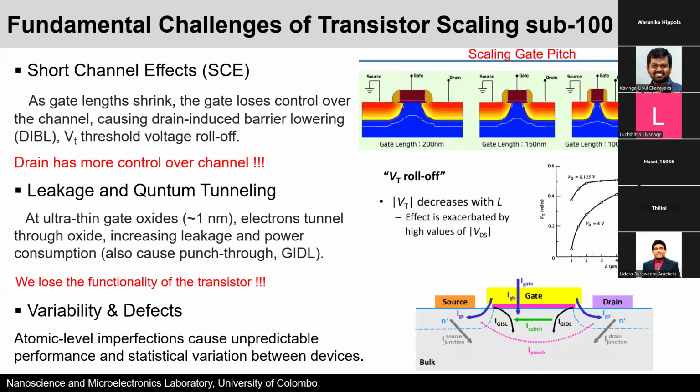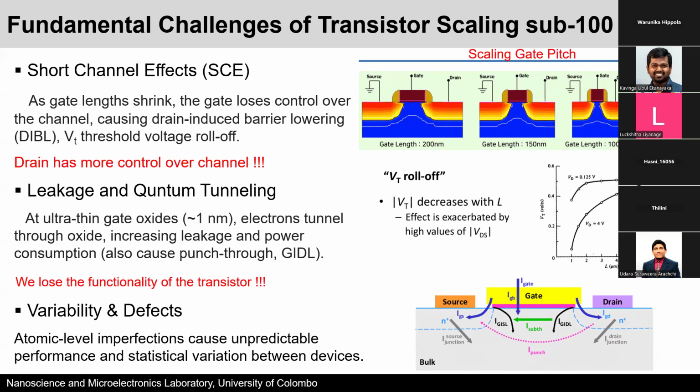Right? And then the second challenge is the leakage and quantum tunneling. As we keep on scaling the transistor, this gate oxide becomes thinner and thinner, right? Once you have around 1 nanometer thick gate oxides, the electrons can tunnel right from the channel into the gate, as if there is nothing in between.